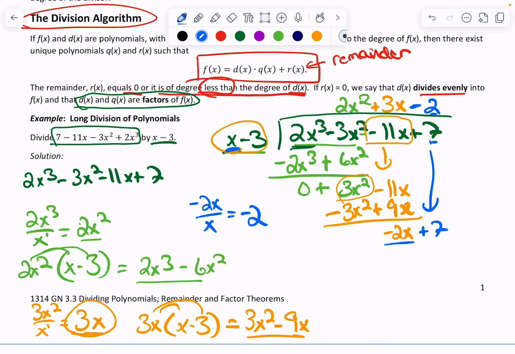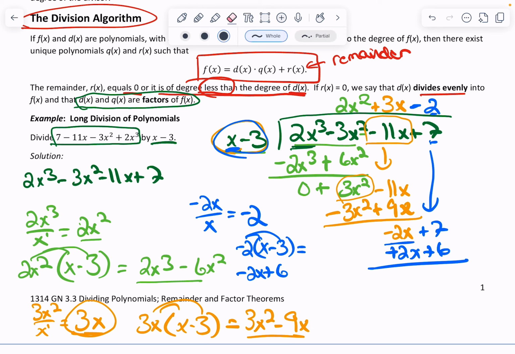Okay, negative 2, we're going to multiply that by, again, the divisor, x minus 3, distributing: negative 2x plus 6. Remember, we're subtracting, so we're flipping the sign, so this becomes a negative. 7 minus 6 is 1, and negative 2x and 2x cancel each other out.